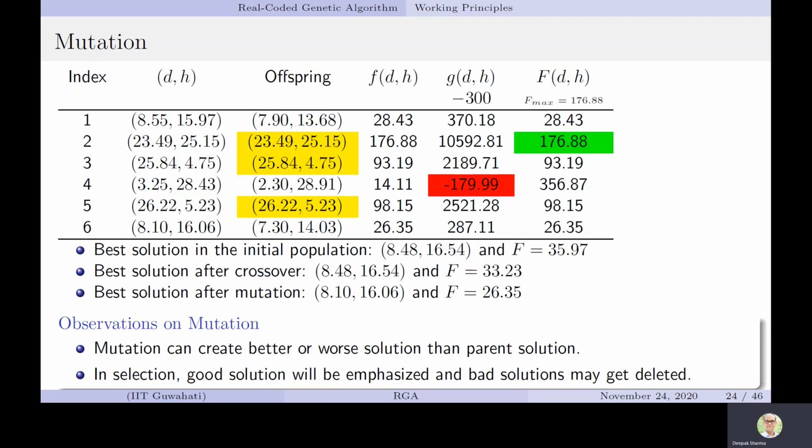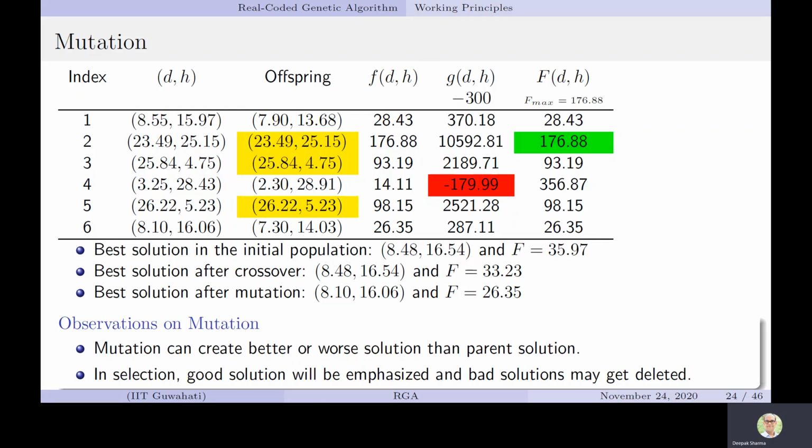So before we proceed further, I just give one comment here. In crossover and mutation, I'm showing you the calculation for the objective function, constraint, as well as Fmax. Here we have to note that when we perform crossover and mutation, we don't calculate the function or fitness value because it is not needed. Because as you have understood, the functioning of crossover and mutation depends on the random number.